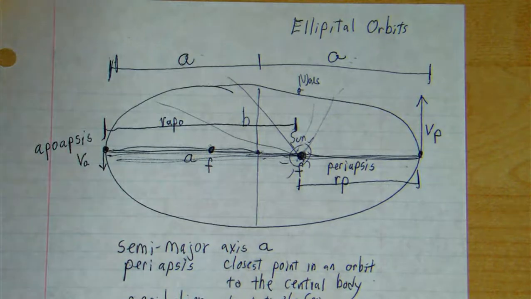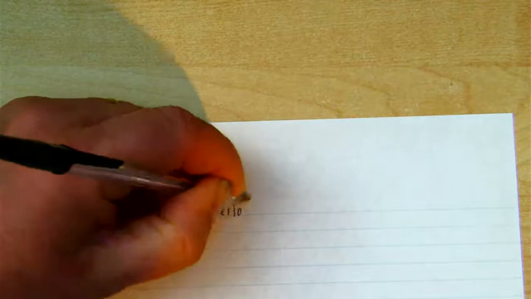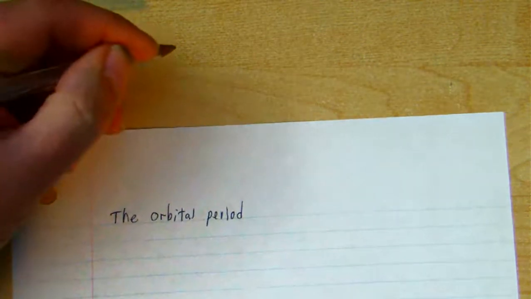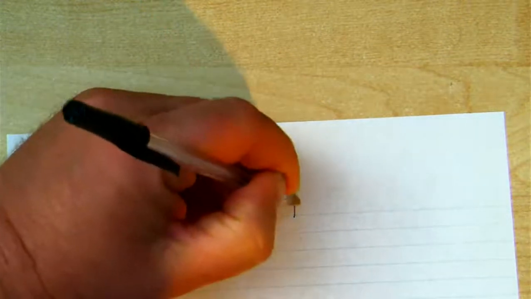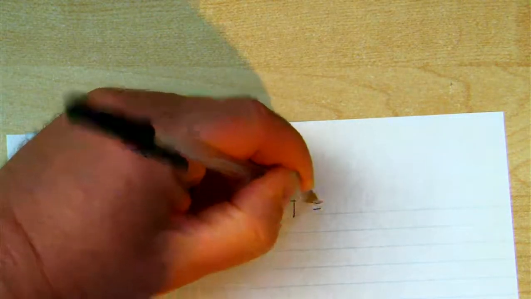Of course, now there's going to be equations for calculating parameters. The good news is the orbital period is T squared equals 4 pi squared a cubed divided by GM.